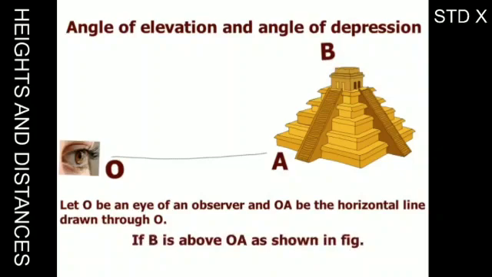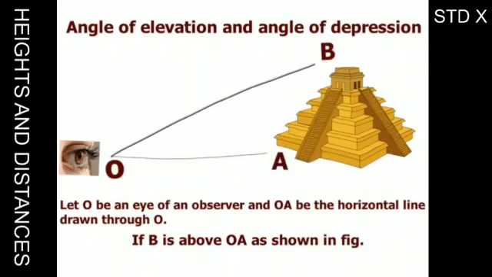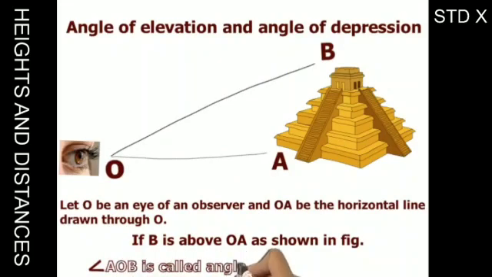You draw a straight line from O till B, which is OB. Now you can see the angle AOB. This angle is called an angle of elevation.